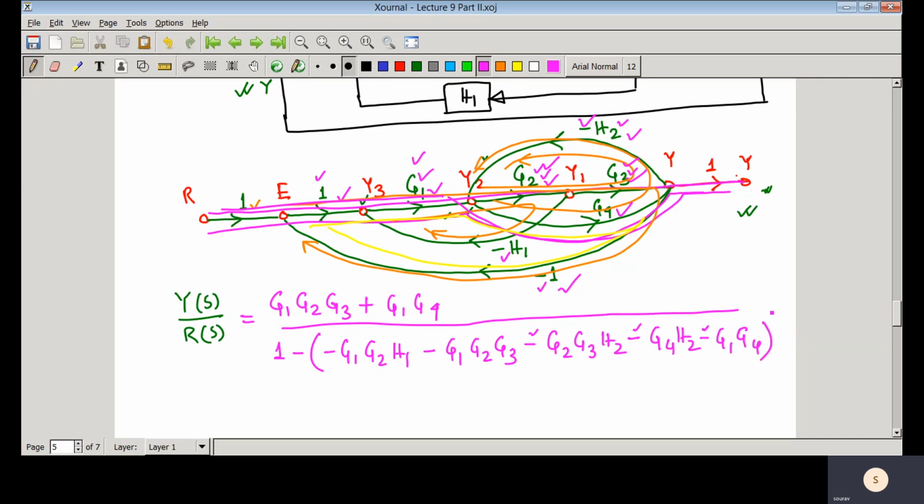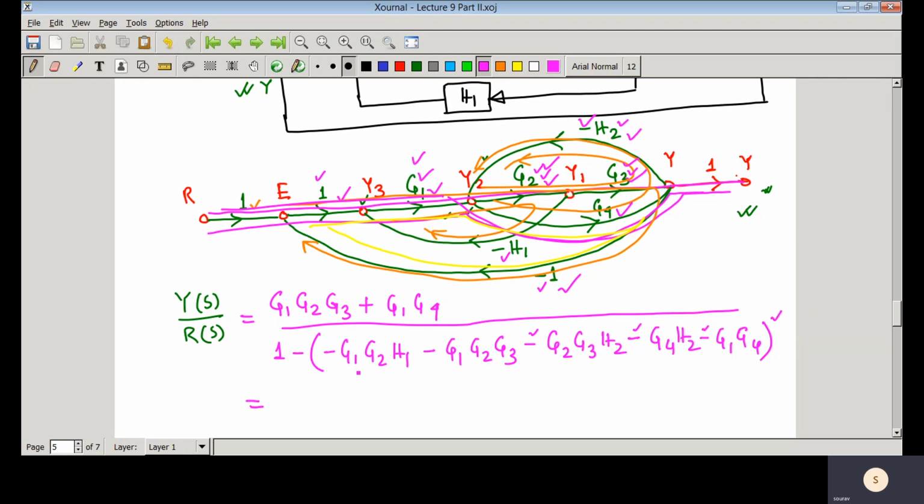So these are all the individual loops, and from this signal flow graph you can see there are no 2 non-touching loops or 3 non-touching loops. So we can stop here for delta.